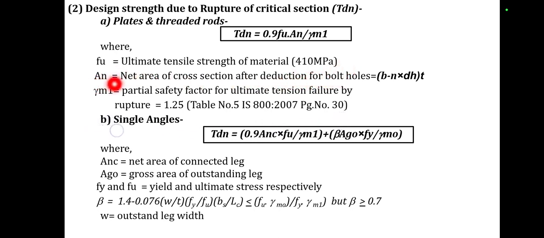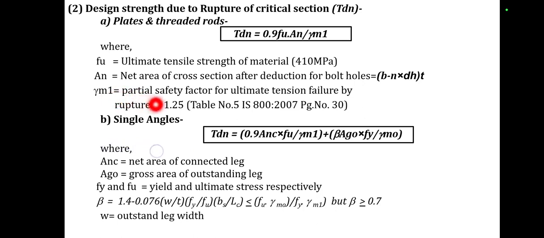Then An is the net area of the cross section after deduction of bolt holes, which is equal to B minus n into dh into t. Here B is the width of the section, n means the number of holes, dh is the diameter of hole, and t is the thickness of the section.